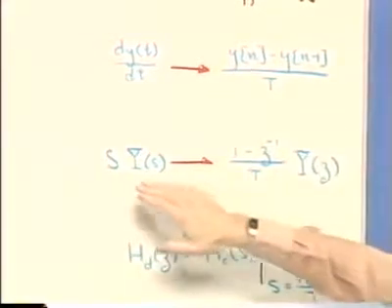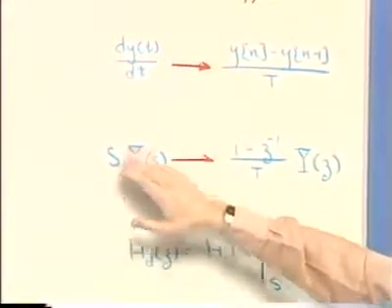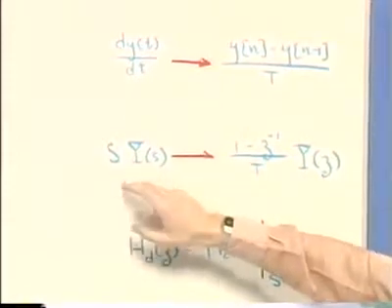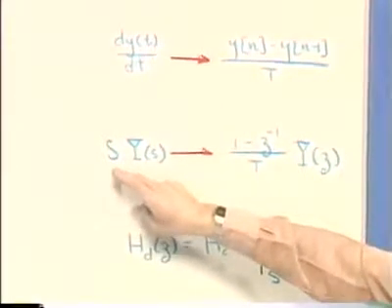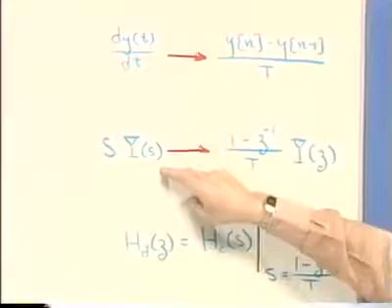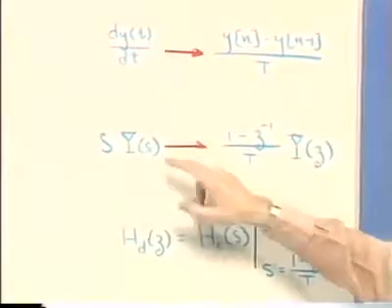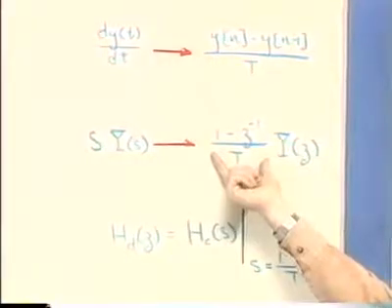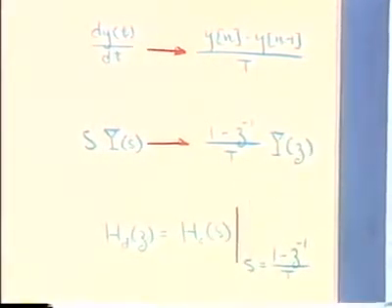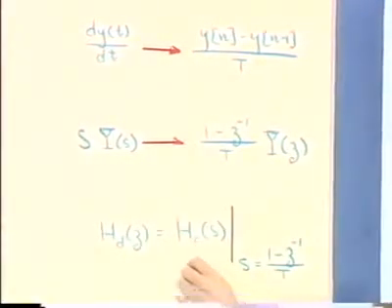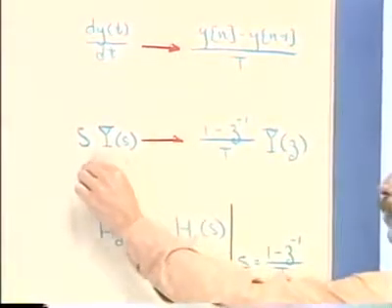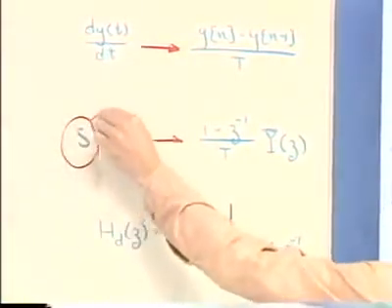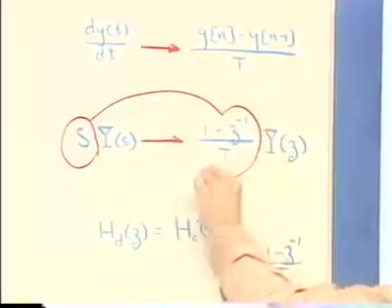So, in effect, what it says is that every place in the system function or in the differential equation that we would be multiplying by s when we Laplace transformed, in the difference equation we would be multiplying by this factor.